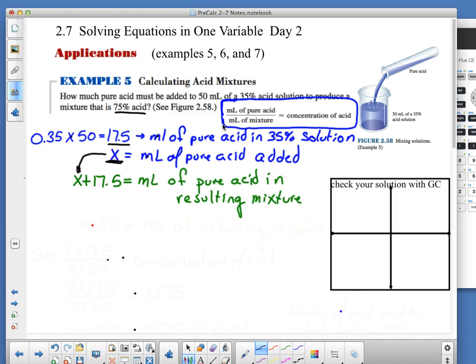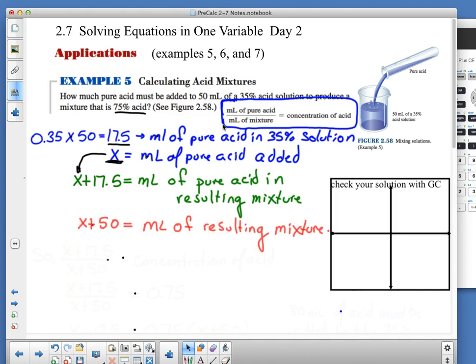But when I add X to my mixture, I'm also adding to the mixture's volume. So my 50 milliliter mixture will also increase by X. So X plus 50 is my milliliters of resulting mixture.